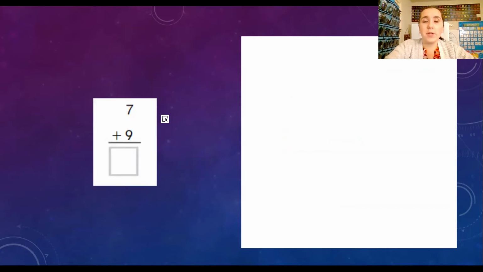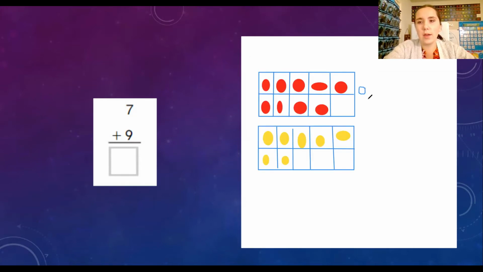Okay, we have 7 plus 9, so I'm going to start by making my 10 frames. On this one, friends, I am going to swap my addends, and I'm going to put 9 first and then 7. Okay, so now I have 9 plus 7. It's the same as 7 plus 9 because we can put our addends in either order to add them together and we'll still get the same sum. Now, how many counters do I need to move from the bottom 10 frame to the top frame to make one whole 10 frame? 1.